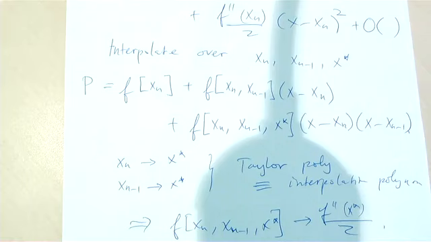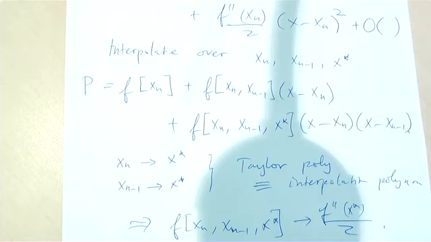Sometimes you don't know the exact solution, then how do you stop? You can stop when the gap between two iterations is very small, or when the value of f at x_n is smaller than some tolerance, or when the relative error in successive iterations is smaller than some tolerance. So there are many ways to stop the iteration.